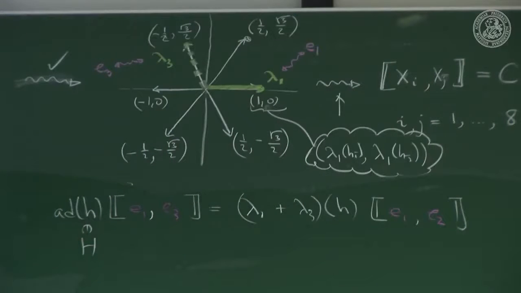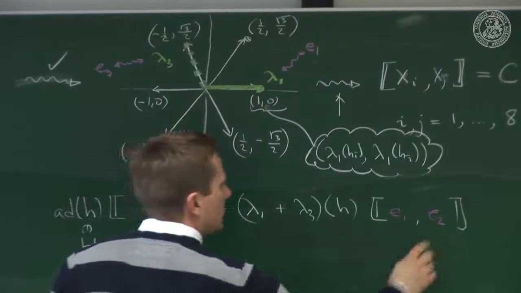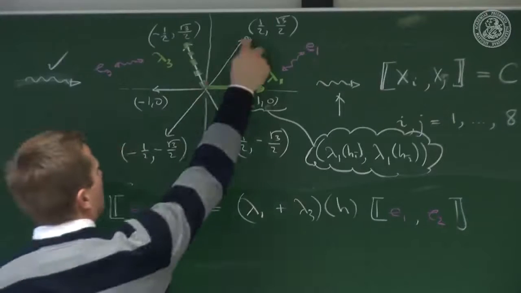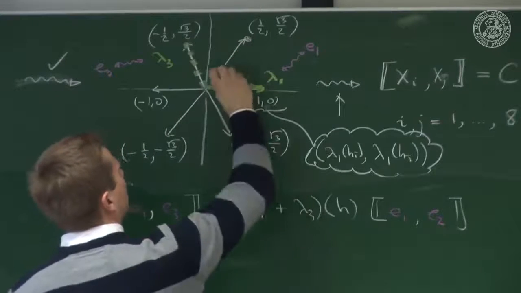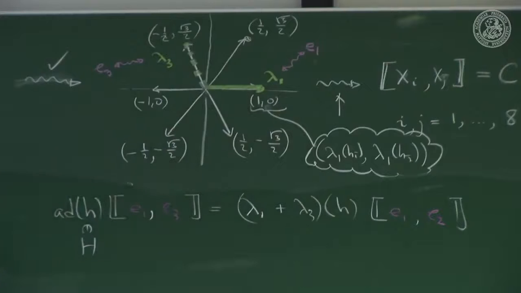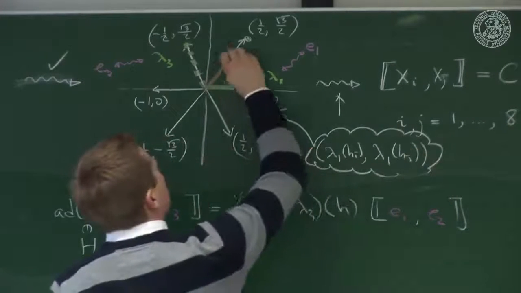But you already know the vector that yields this factor here, which corresponds to that guy.